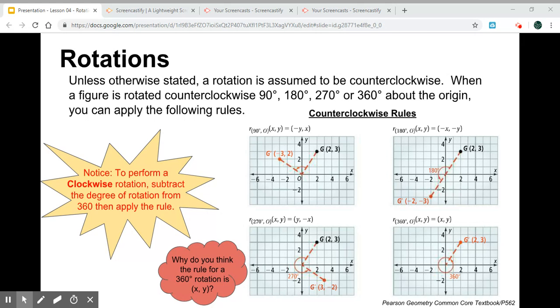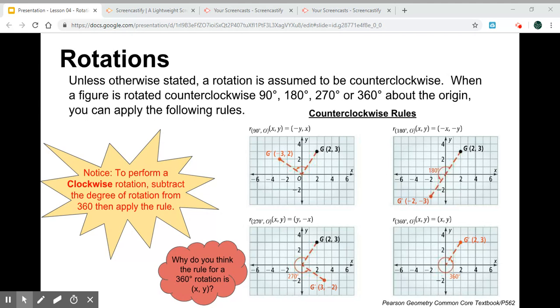So we talked about the 90-degree counterclockwise rotation, and now we talked about the 180-degree counterclockwise rotation. Then the next one is going to be the 270-degree rotation counterclockwise. And again, it's going to be very similar to the 90-degree counterclockwise rotation, but instead of changing the sign on the number that was in the y, we're going to switch the sign on the number that was in the x.